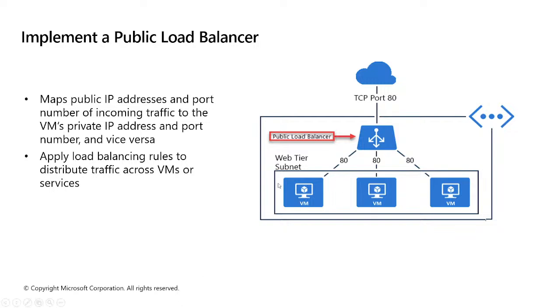But how do we know that when we have 90 incoming requests, there should be a distribution to all the backend virtual machines? So this one should get 30 incoming requests, this one also 30, and this one also 30.